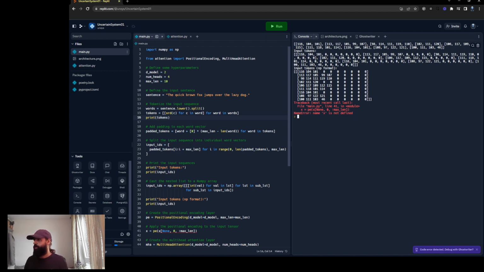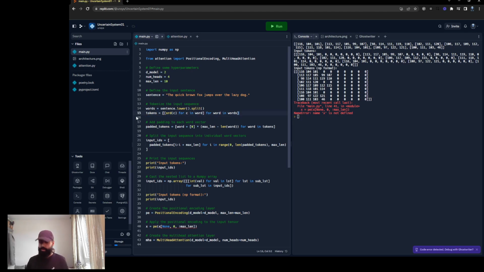So we have basically these. Then we pad the tokens. Okay, cool. Now each of these represents a word: 1, 2, 3, 4, 5, 6, 7, 8, 9. Exactly, the 9 words. Now we got it. Cool. Now we can leave it here. I'm happy. So we have now a list of the words.